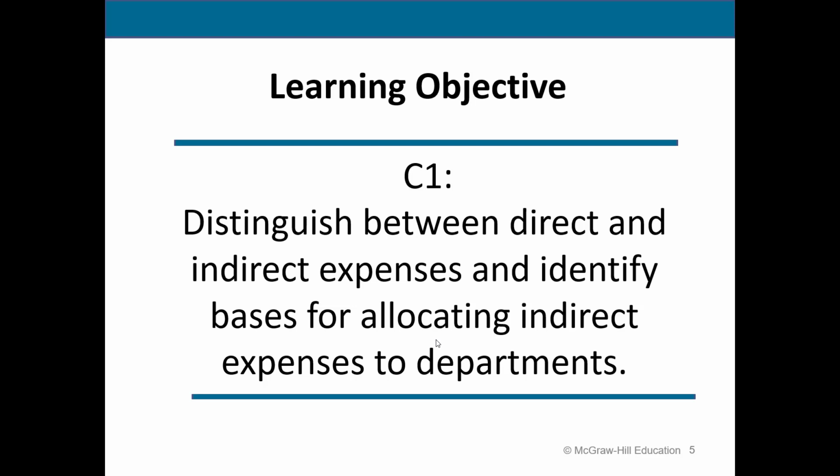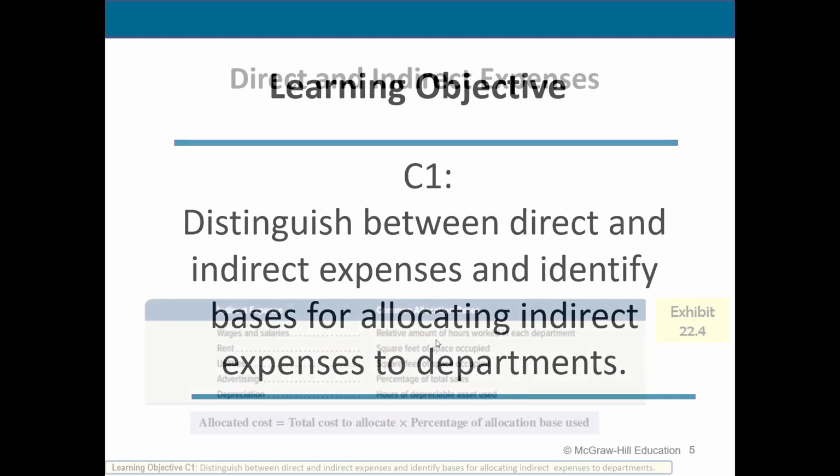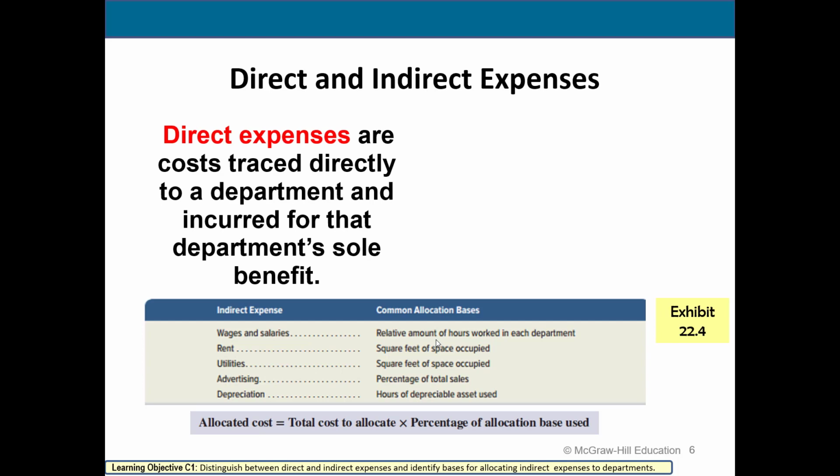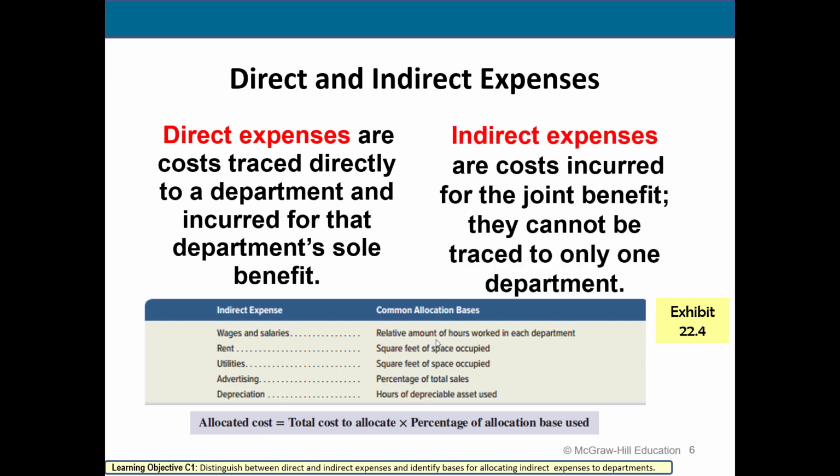Next, we'll look at the differences between direct and indirect expenses. Departmental income statements are a common way to report profit center performance. We look at two key accounting challenges that involve allocating expenses. One, how do we allocate indirect expenses such as rent and utilities, which benefit several departments?